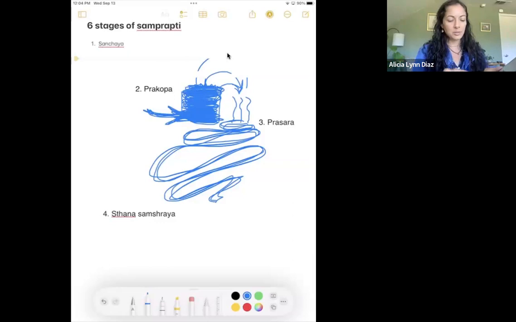If there's a predisposition to blood conditions, say in the family, it ends up going into the Rakta dhatu, the red blood cells, and creates anemia or other destructive diseases in the blood. If the Rakta is too strong, it goes to the next one, Mamsa, the muscle tissue. This could be smooth muscle tissue. This could be skeletal muscle tissue. This could be heart muscle tissue. This could be any muscle tissue, but it lodges itself there.